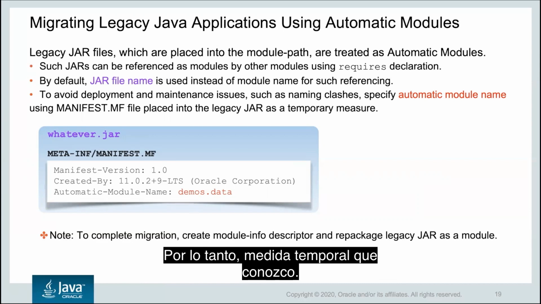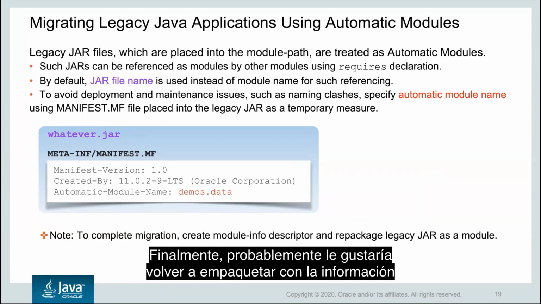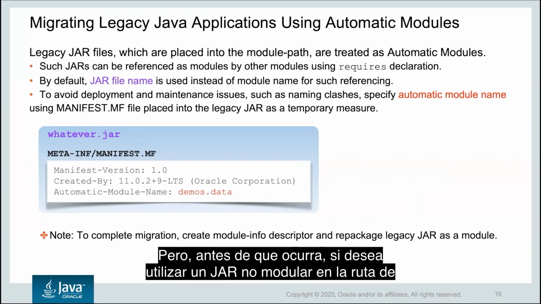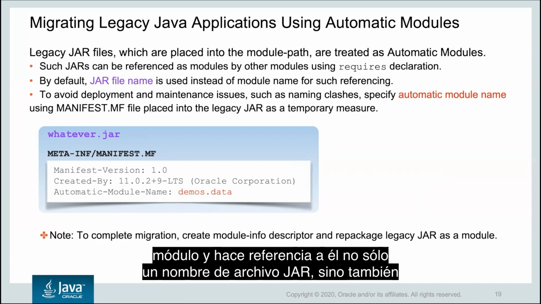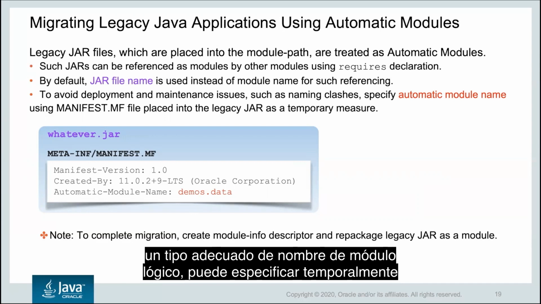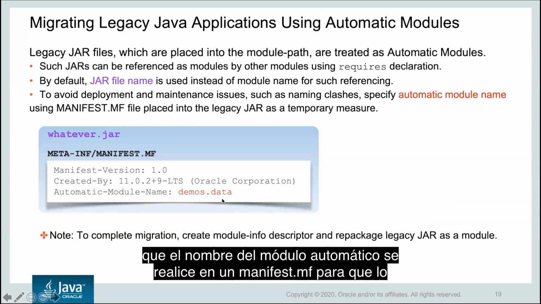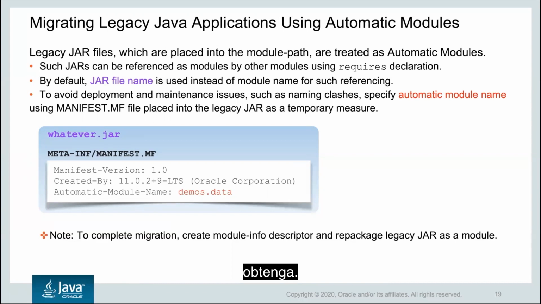A temporary measure, I know; eventually you would probably like to repackage with a proper module-info. But meanwhile, if you wish to use a non-modular jar in the module path and reference it using not just the jar file name but a proper logical module name, you can temporarily give that automatic module name in the manifest MF to get by.